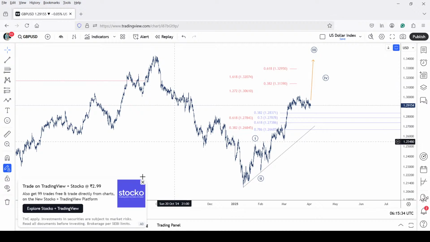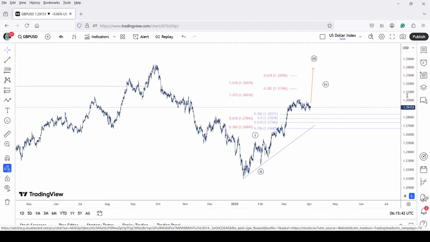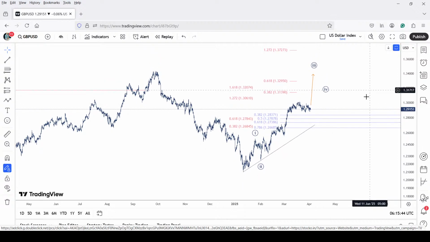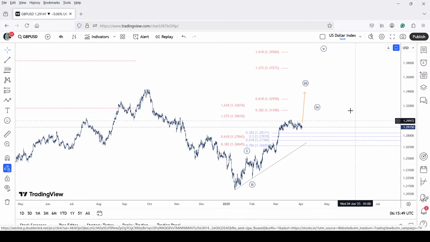So in a nutshell, the discussion is a repeat of what we just did in the previous session, and we still have wave 3, 4, and 5 to unfold on the higher side.